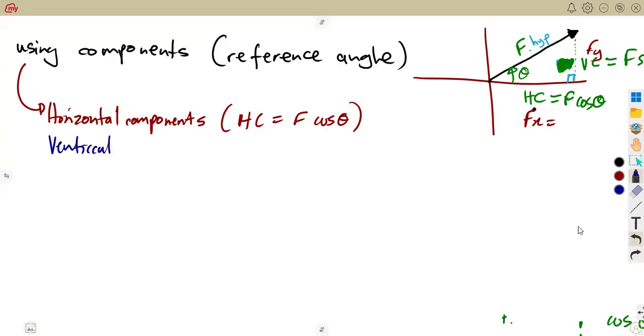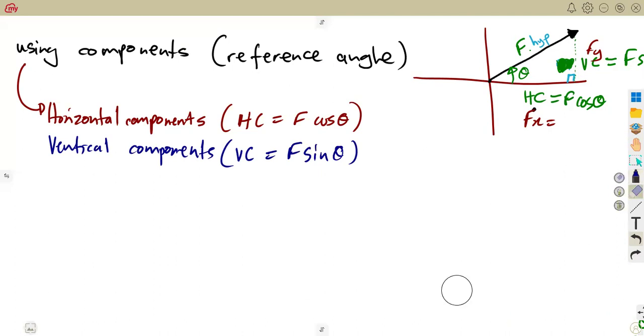All right. As for the vertical components, they will carry what? They will carry the sine. So the vertical component will be F sine theta, which is, like I said, I'm going to explain more about the angle theta that you're given.